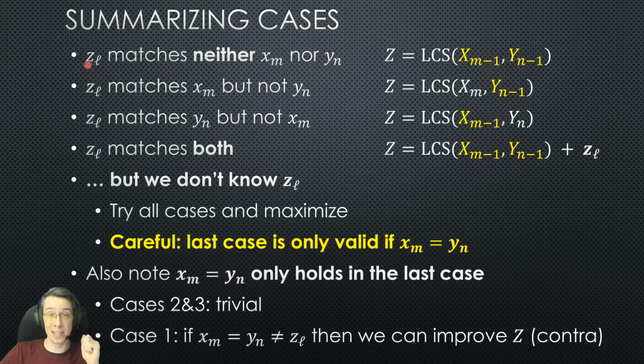It could be that z_l is like a, and x_m and y_n are both b. But if a is the last letter of the longest common subsequence, and both of these are b, we could match up those b's and add them to the longest common subsequence to improve it. But that's a contradiction because the longest common subsequence is the longest common subsequence. We can't extend it by adding a b at the end. So, since we can't improve the longest common subsequence, we can't have x_m equal to y_n. So in each of these 3 first cases, x_m is different from y_n.